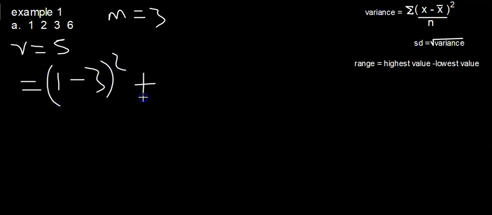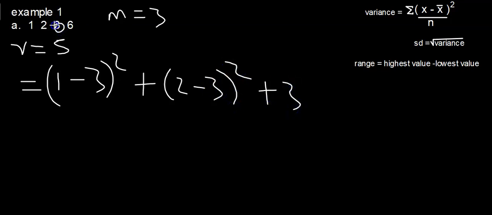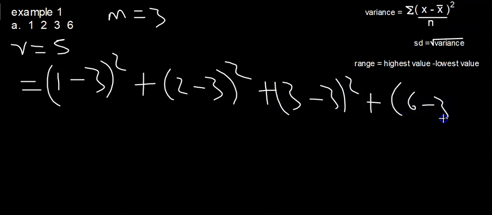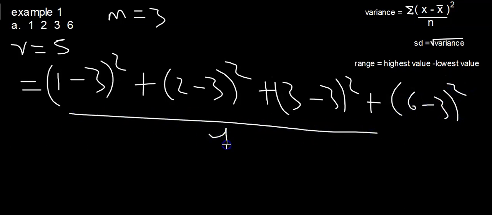In the same process, I take my x value 2, subtract the mean, and square it. Then 3 minus 3, squared. And lastly, 6 minus 3, squared. So this whole thing will be divided by 4.